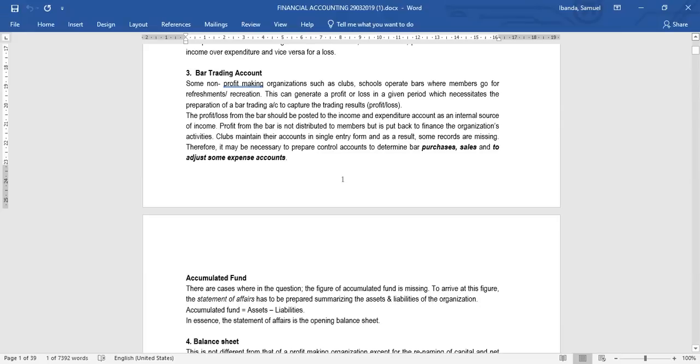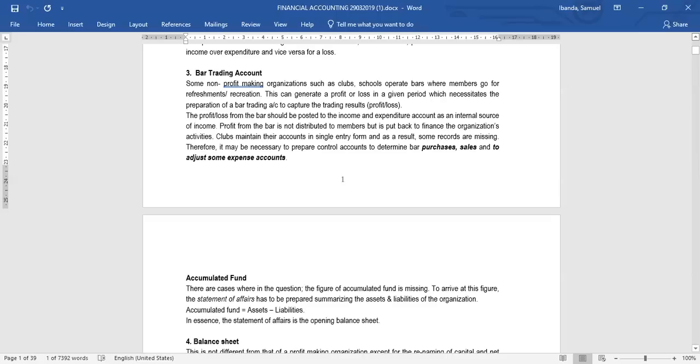Of course, then the expenses are the general ones. It can be, let's say, rent, it can be salaries, it can be publicity expenses, it can be, let's say, staff costs, meals, okay?